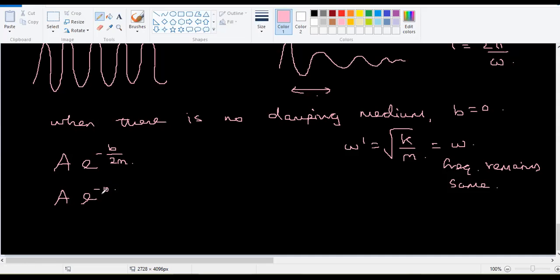There is no such thing as minus 0: it is minus 1 plus 1, minus 2 plus 2, but for 0 you cannot put any plus or minus. So even though there is a minus in the formula, anything to the power 0 will become 1, which means the amplitude remains the same.